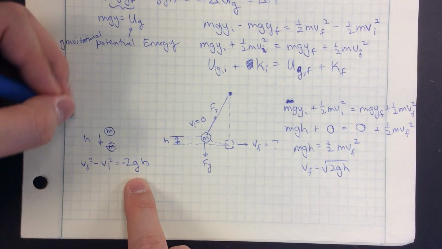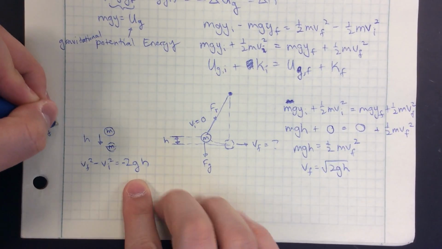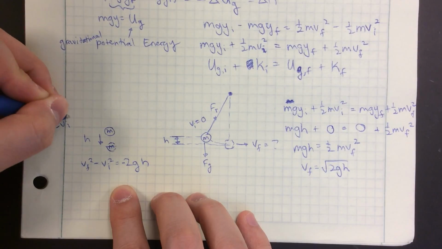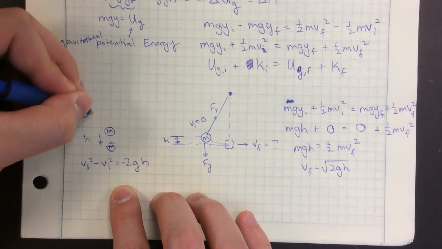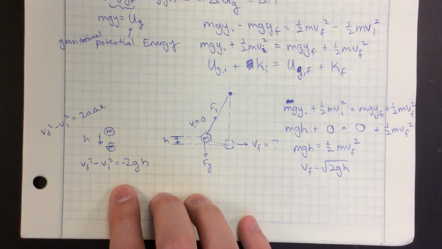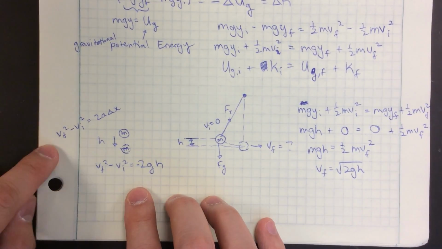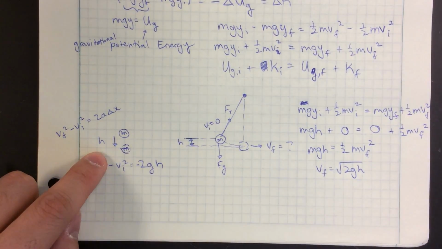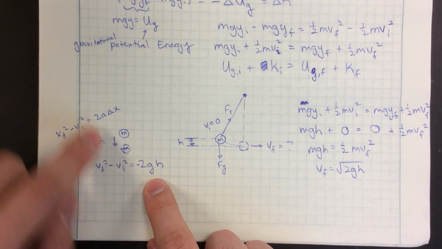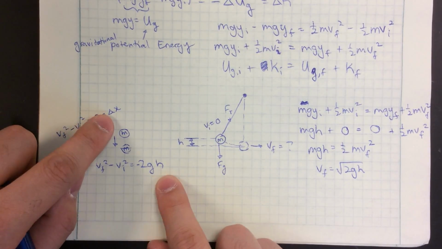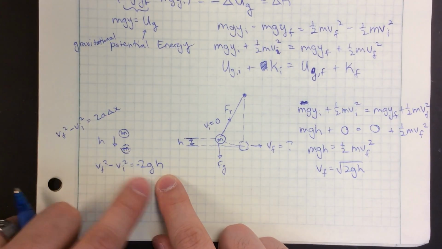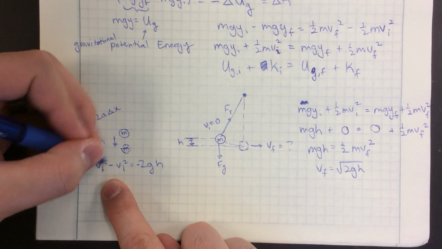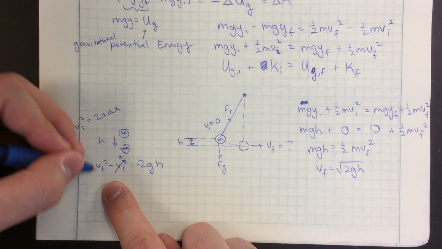It was from V final squared minus V initial squared equals 2a delta x, that equation. Remember that? That was one of the kinematic equations. If you apply that to a free-falling situation, here's your acceleration, your negative g, your change in position is h, your initial velocity is 0, your final velocity is whatever.